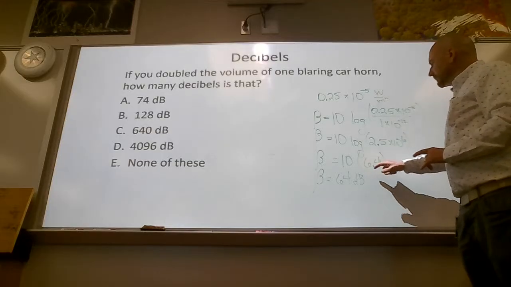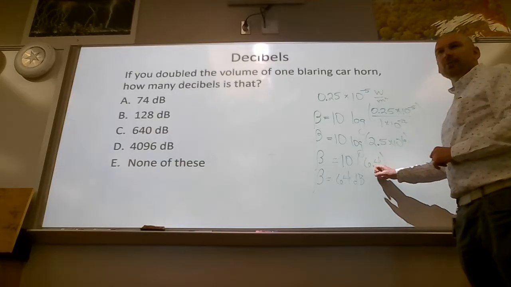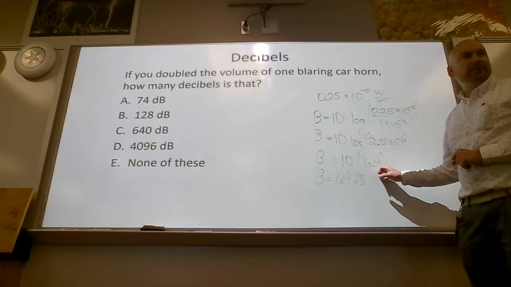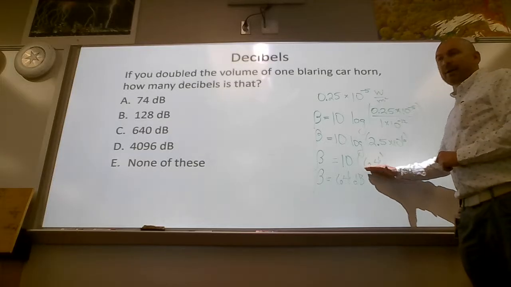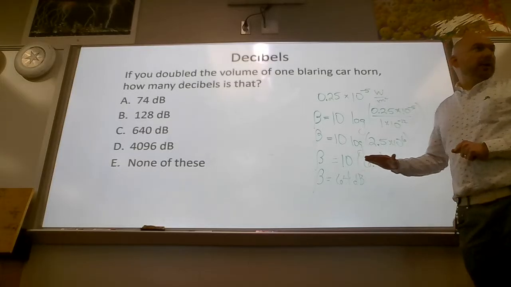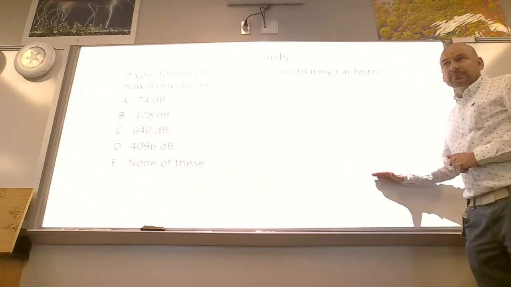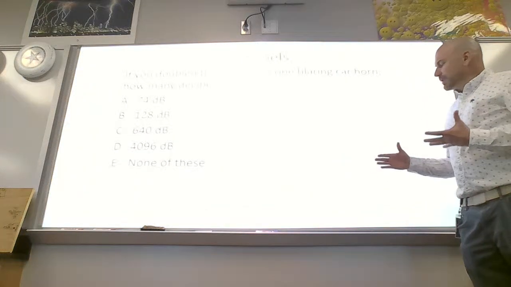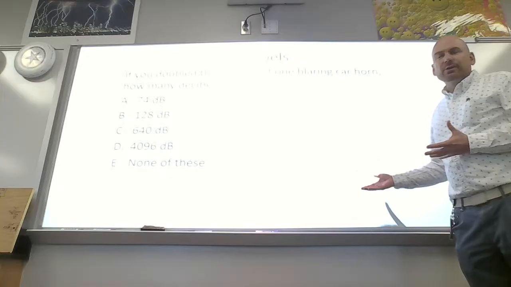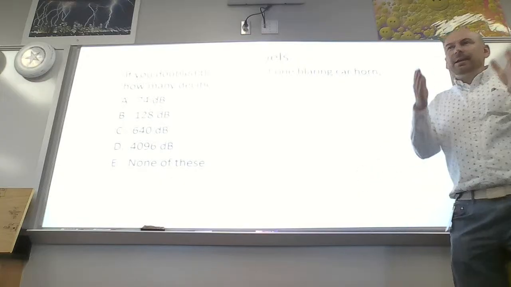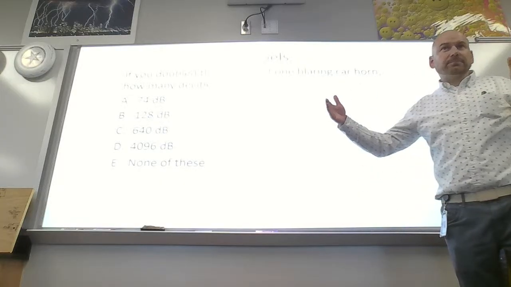Technically, the 6.4, this is the logarithmic scale. This would be how many bells, like Alexander Graham Bell. For reasons that someone decided, decibels is a better way to describe that. A decimeter is a tenth of a meter.